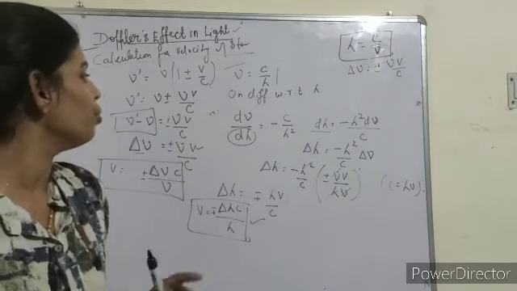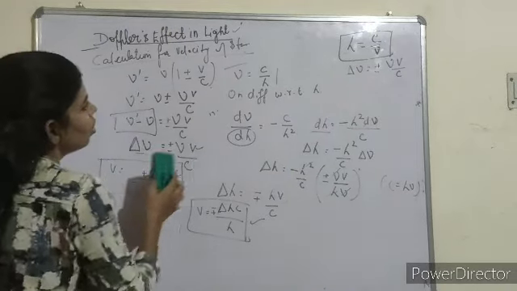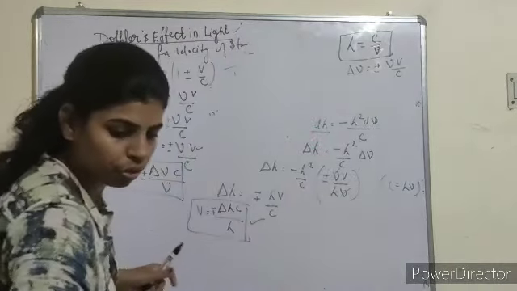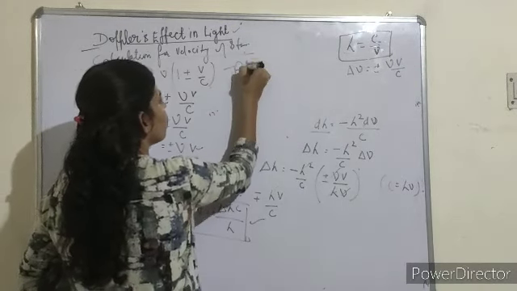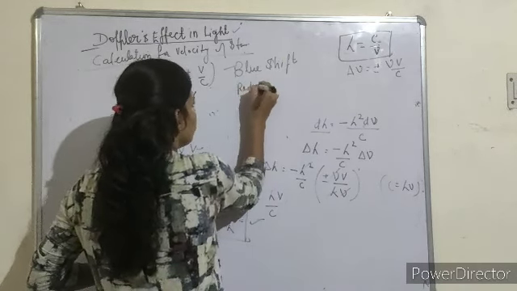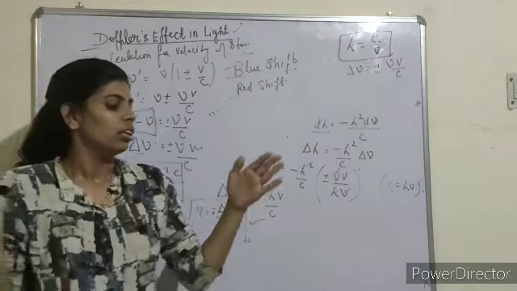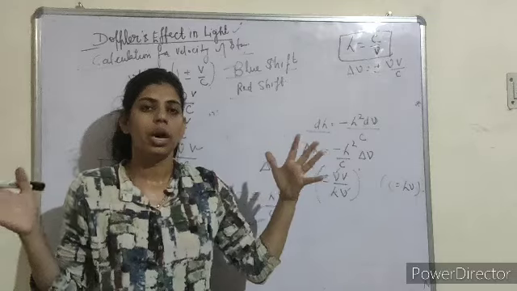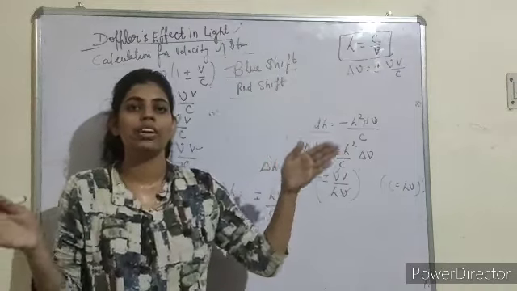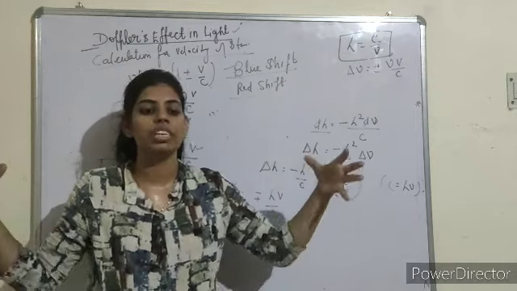Now you have to understand two terms, blue shift and red shift. One term is blue shift. ब्लू शिफ्ट कब होगा और रेड शिफ्ट कब होगा? ब्लू शिफ्ट होगा when source and observer are approaching towards each other, or we can say when the distance between source and observer is decreasing.